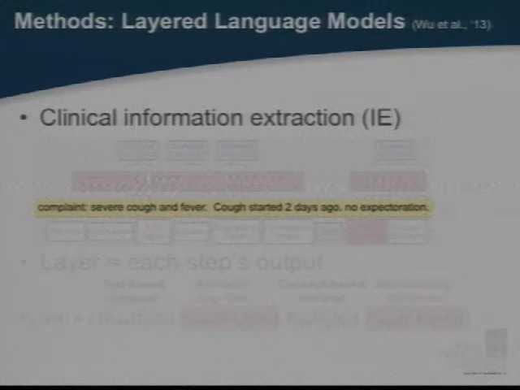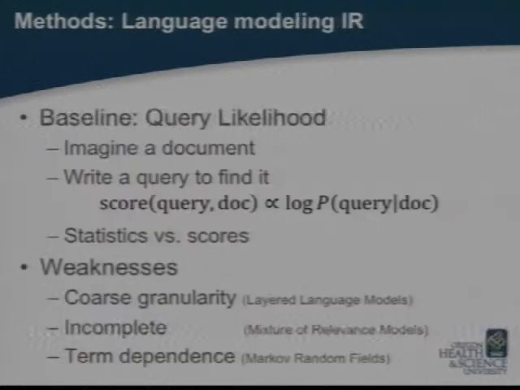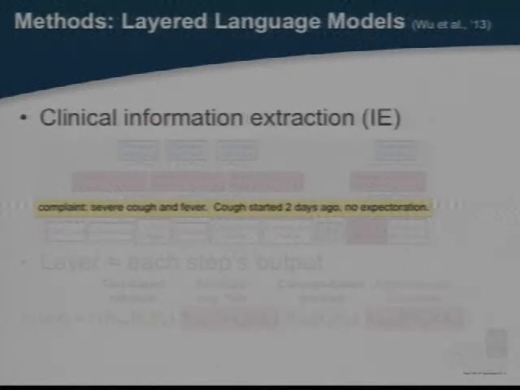So, again, we want to tackle the problem of coarse granularity with layered language models. Basically, with a layered language model, you start with a text layer, right? This is the layer that's actually in your electronic health records. You look at clinical notes, and this is what you read: chief complaint, severe cough and fever.